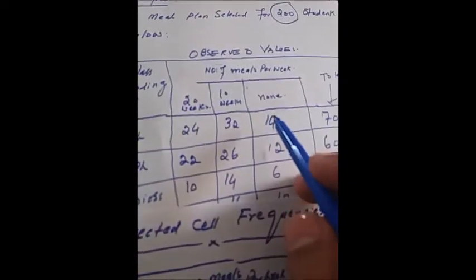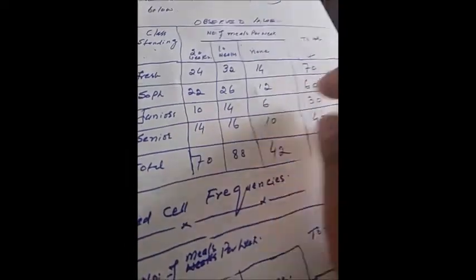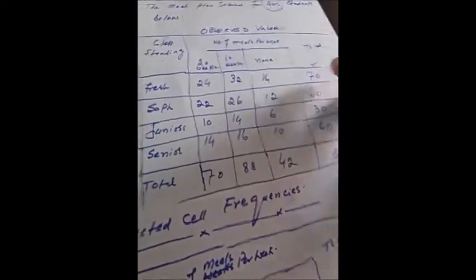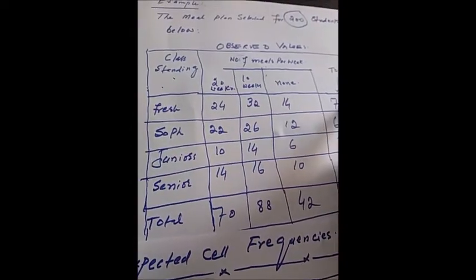With the same method, we find the expected value for none. 14 is the observed none value for freshmen.